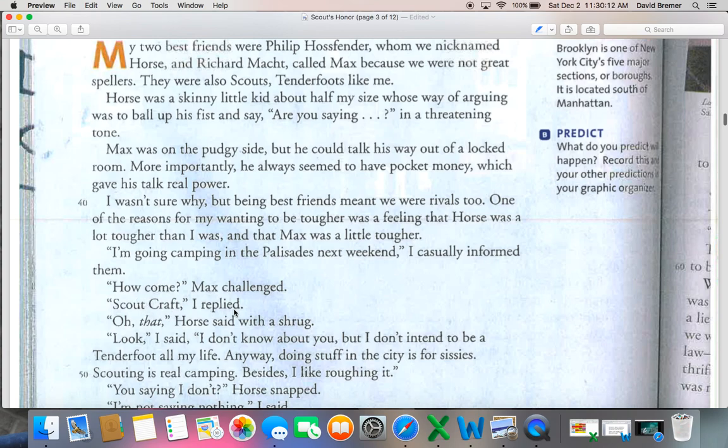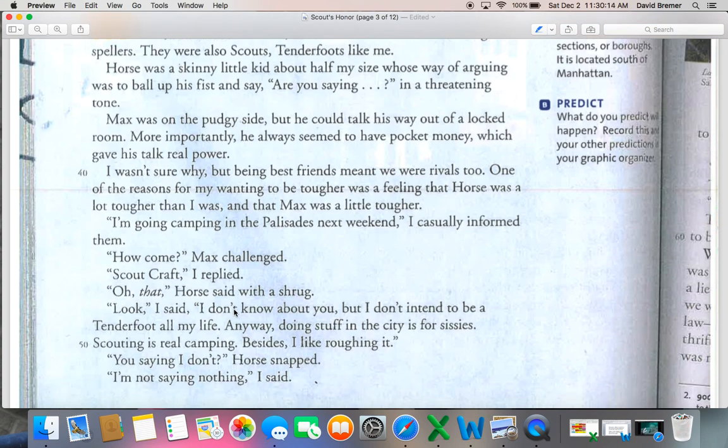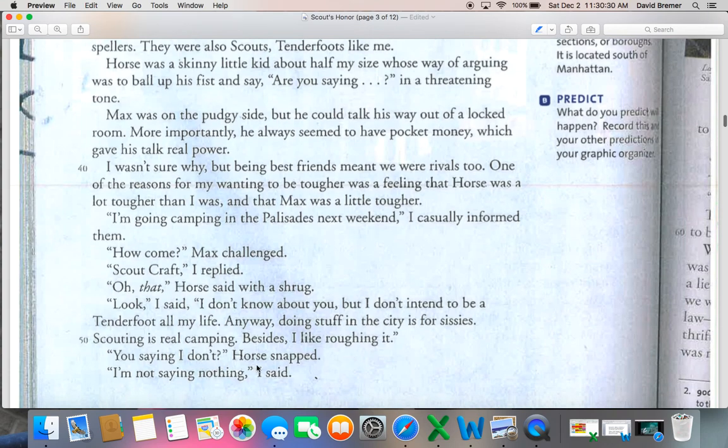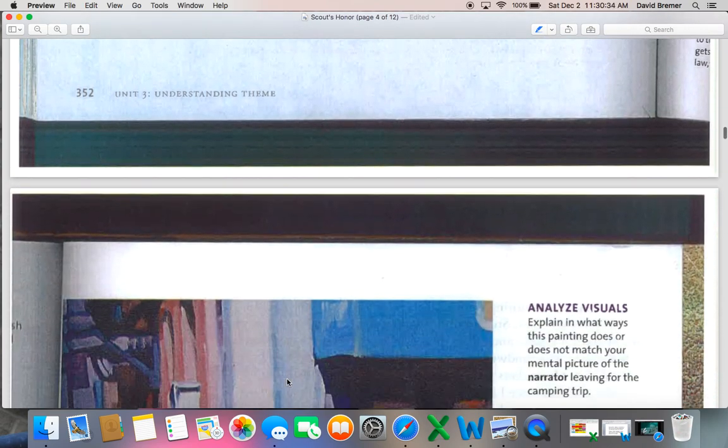"Scoutcraft," I replied. "Oh, that," Horse said with a shrug. "Look," I said, "I don't know about you, but I don't intend to be a tenderfoot all my life. Anyways, doing stuff in the city is for the sissies. Scouting is real camping. Besides, I like roughing it." "You saying I don't?" Horse snapped. "I'm not saying nothing," I said.